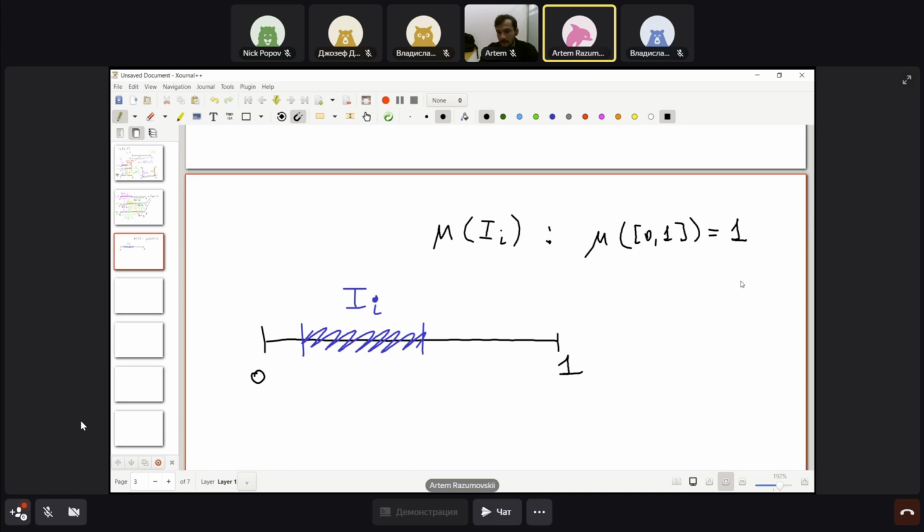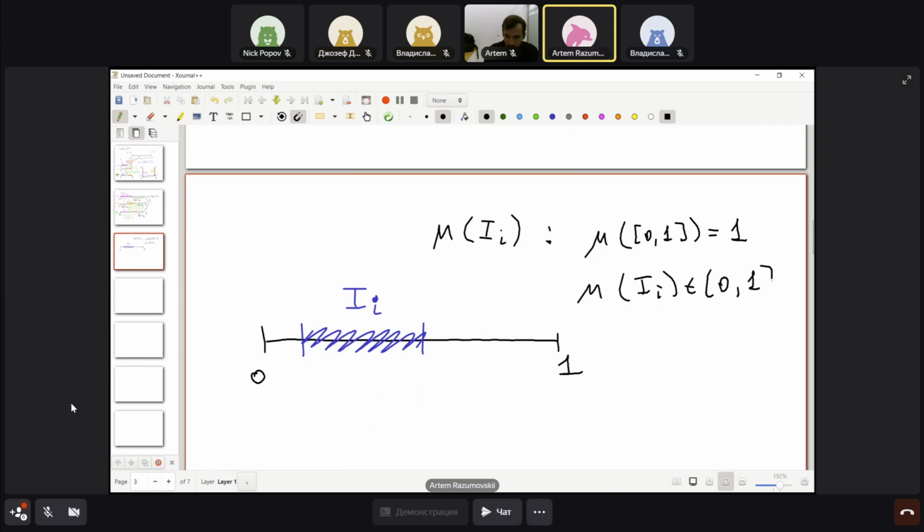You can suggest different measures, but what we want is that if you take I, it belongs to the interval 0 to 1.